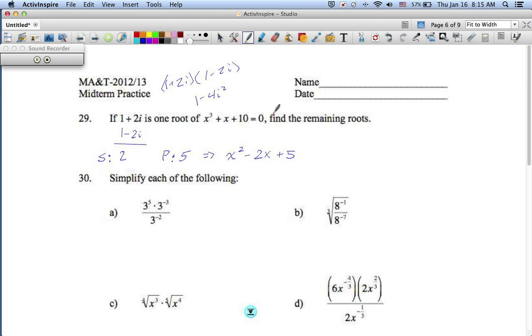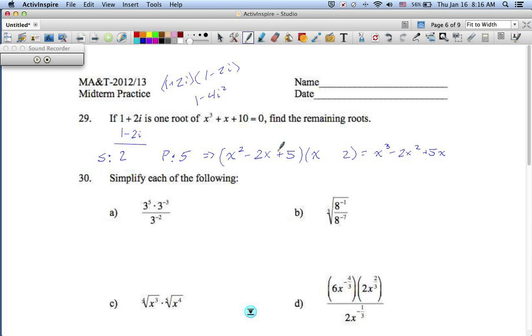And this is x cubed, so you got a couple options here. We know we have to have an x to make an x cubed. We know we need to have a 2 to make a 10. Let's make sure the middle value works out. Here's x cubed minus 2x squared plus 5x.